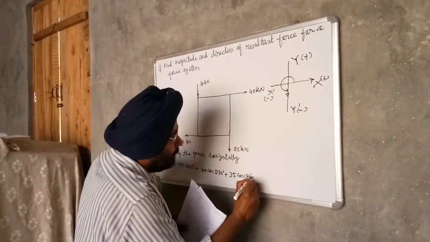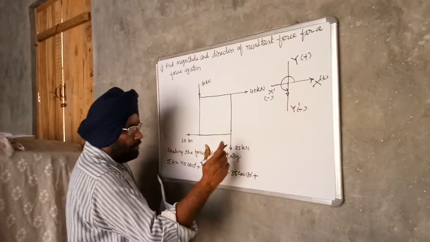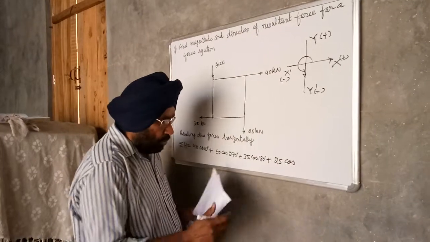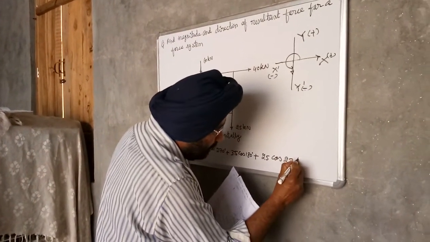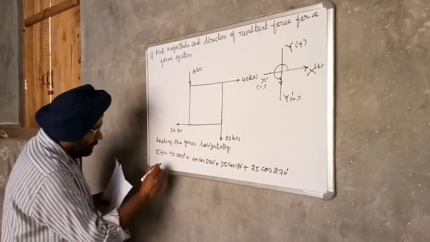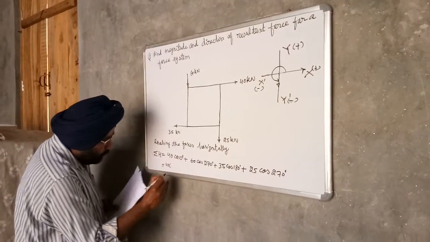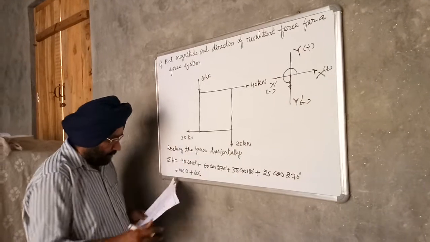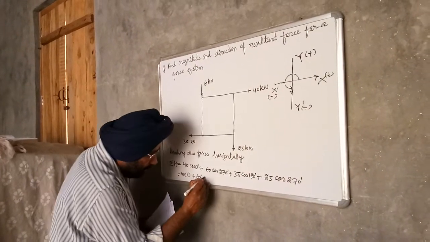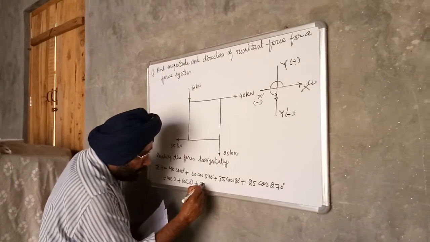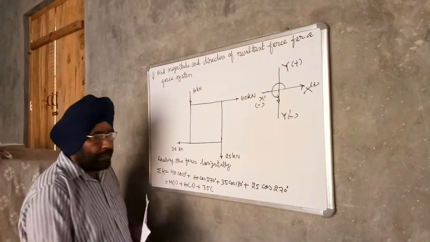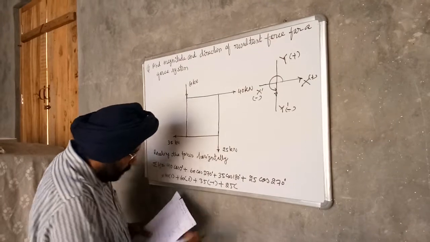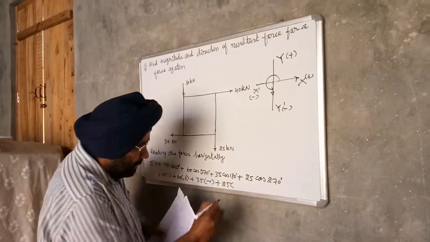So the 35 kilonewton force makes an angle of 180 degree with the positive direction of the x-axis. The fourth force is 25 cos 270 degree. So 40 cos 0 is 1, plus 60 cos 270 degree is 0, plus 35 cos 180 degree, its value is minus 1, and 25 cos 270 degree is 0.